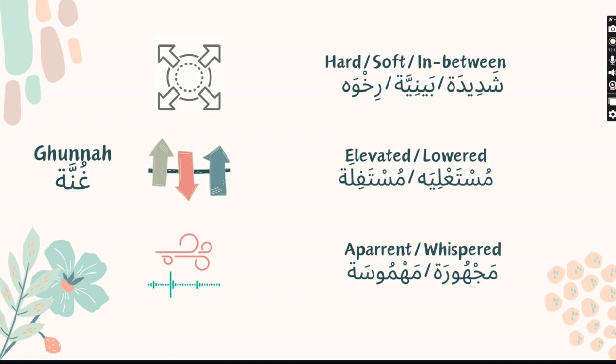Why? Because the ra has an opening, so the sound can run. But does the sound of the ra run like the soft letters, al-huruf al-rikhwa, like the sin, for example, as ar? No. But does it terminate like al-huruf al-shadida? Not even so. So it is bayniya, it's in between. It belongs to the letters lin Omar.